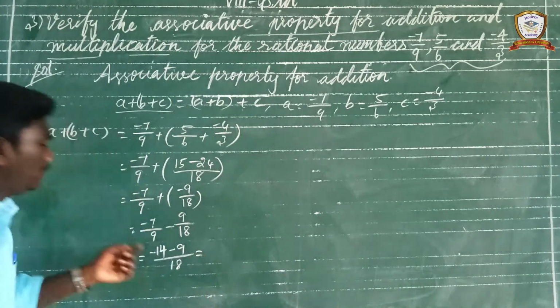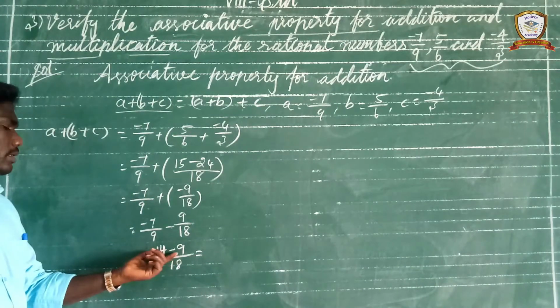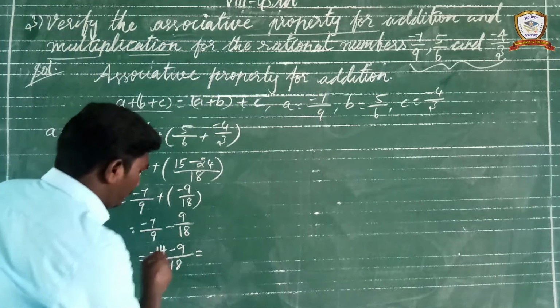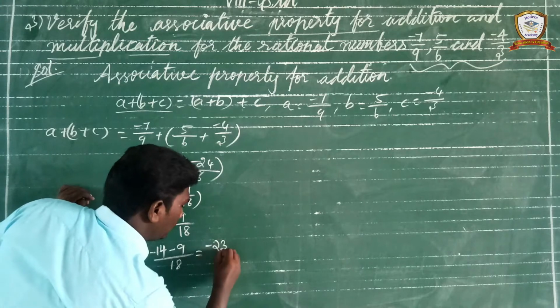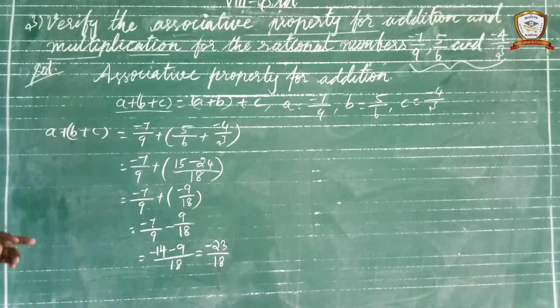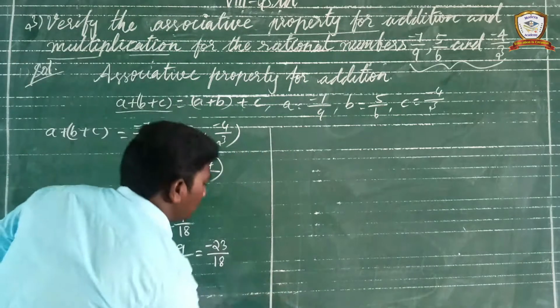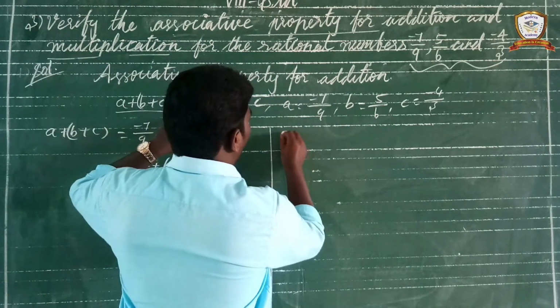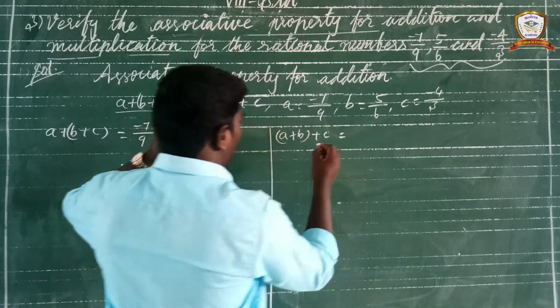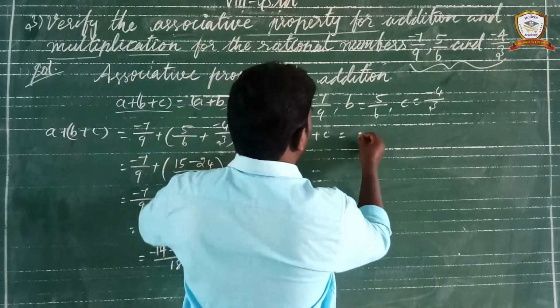Therefore both have the same sign, so we add. 14 plus 9, what's the answer? Minus 23 divided by 18. Are you clear? Now go to the next one. The next, the right hand side. Right hand side, A plus B plus C is equal to, A what here?